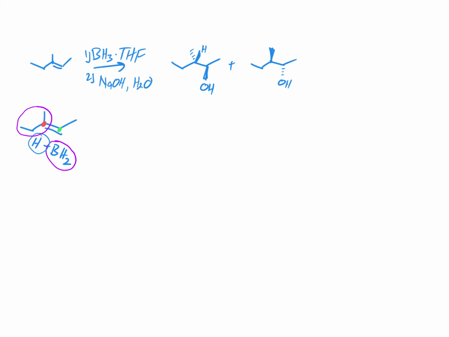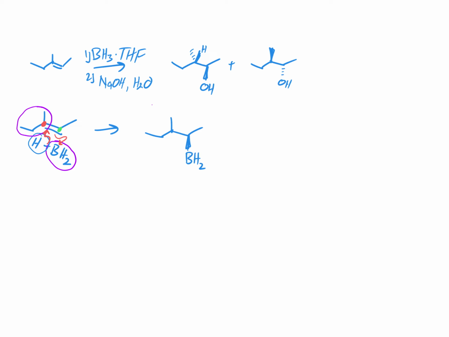All right, so let's draw some arrows. I'm going to try to draw those arrows in red. So the pi bond attacks the boron, and then the BH bond attacks the pi bond and essentially becomes attached to the red carbon. So let's see what that does here. This is a new stereocenter, so I'm going to indicate some stereochemistry.